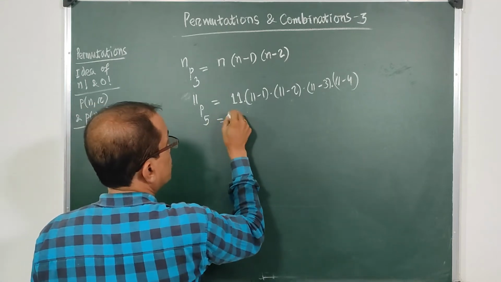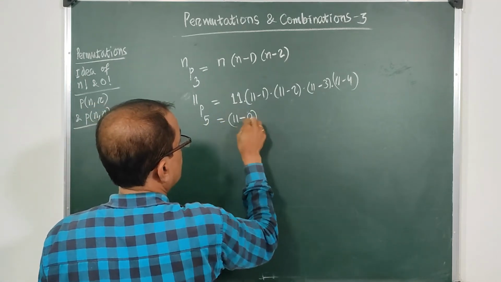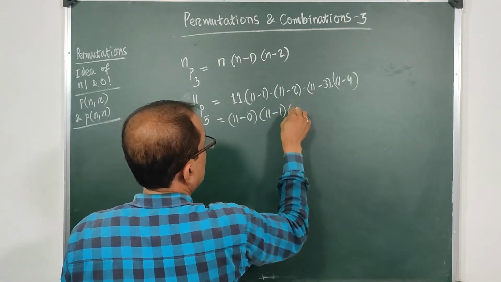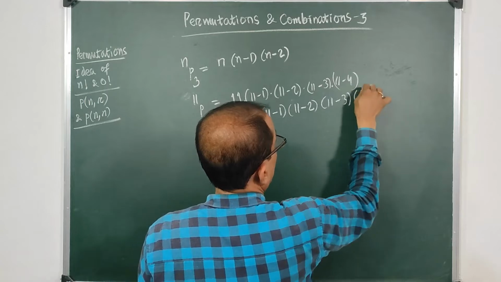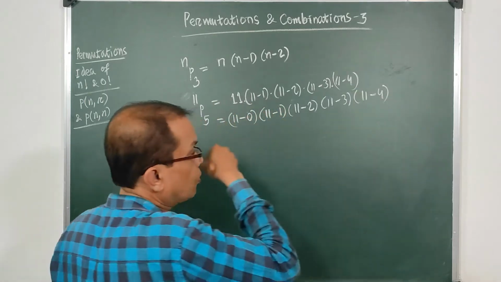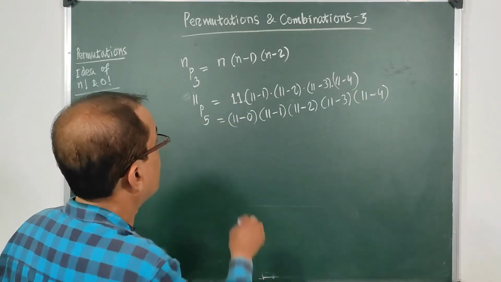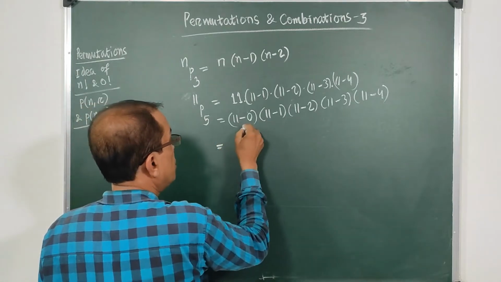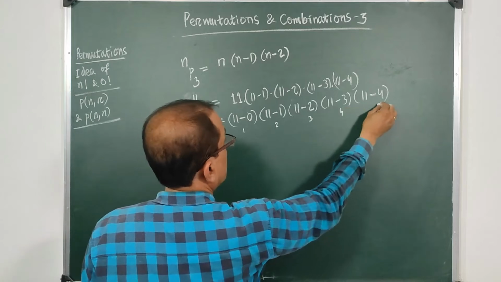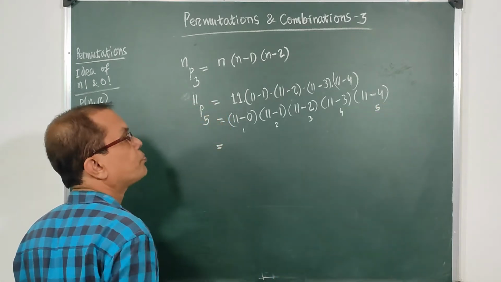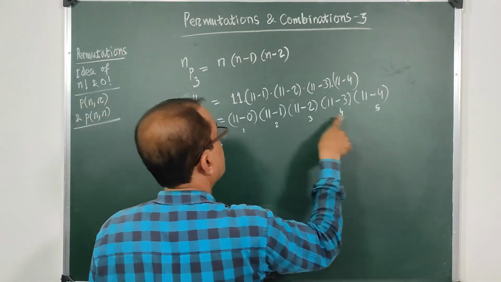This can be written as 11 minus 0 into 11 minus 1 into 11 minus 2 into 11 minus 3 into 11 minus 4. I am converting this expression into a different form also, because it is the first choice, the second choice, the third choice, the fourth choice, and the fifth choice. So these numbers should be involved in the formula.